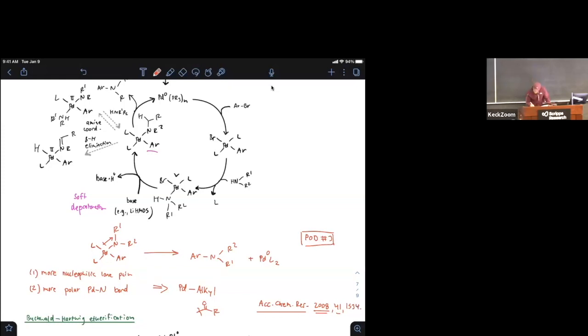And indeed, what they find in this series is that more polar palladium-carbon bonds are, or maybe I should say, to make this more clear, less polar. So these are arguing in the same direction: more nucleophilic lone pair, less polar palladium-nitrogen bond.